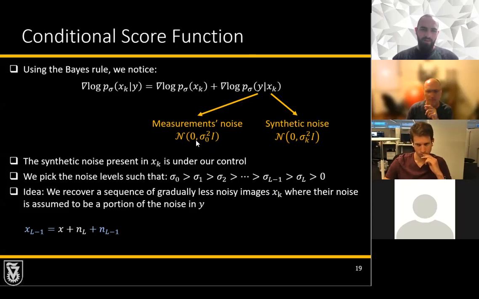Because why not? We followed the same thing that was applied in Song and Ermon's paper. We used the blurred score function that we talked about for the XK in Song's algorithm.